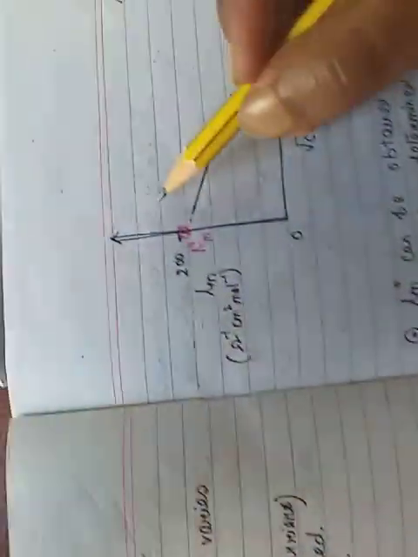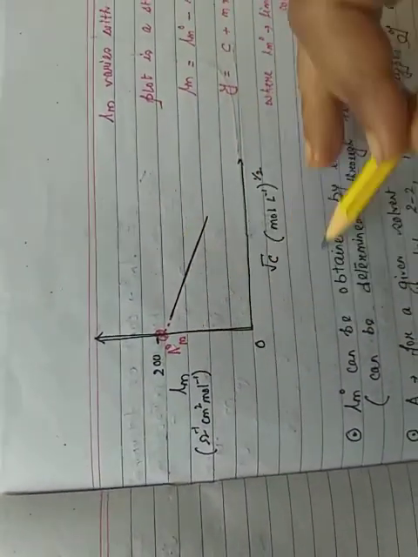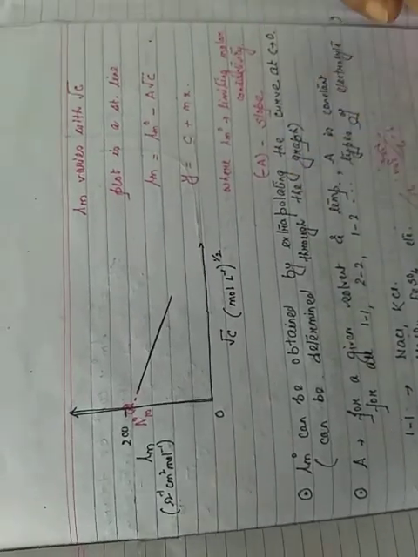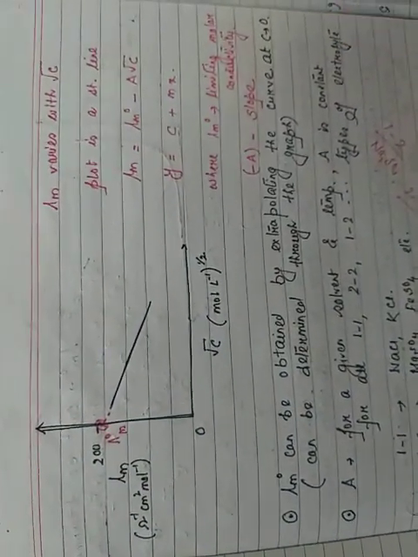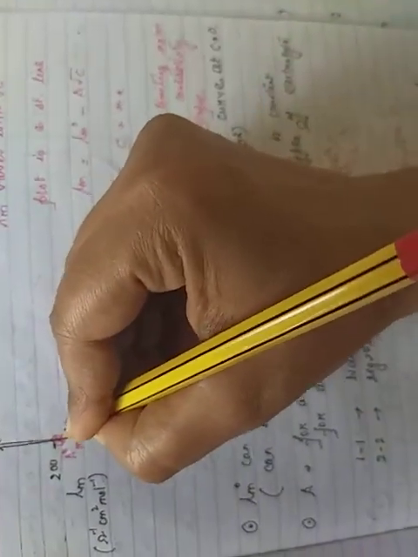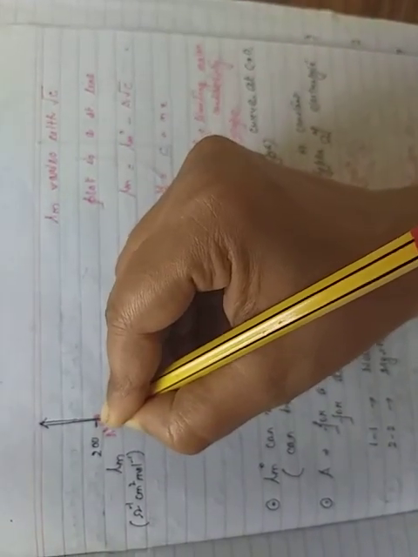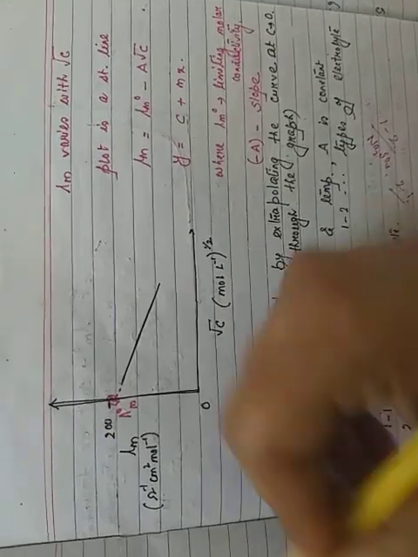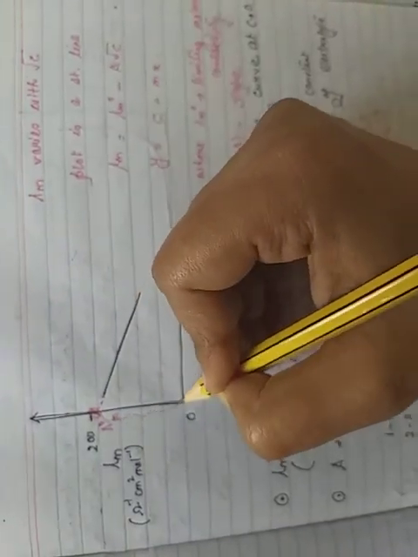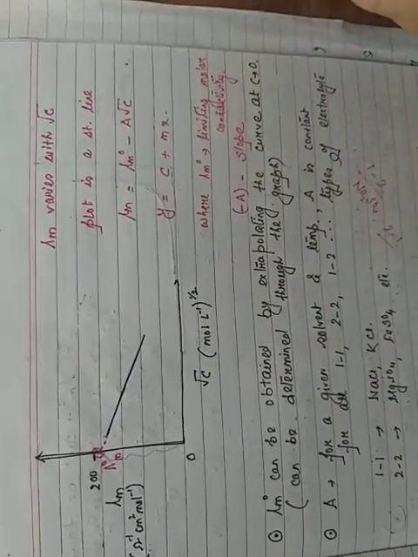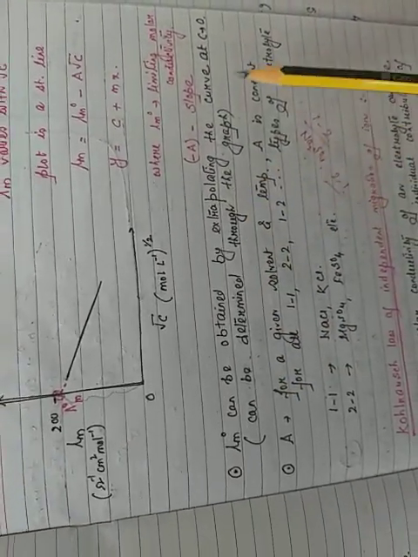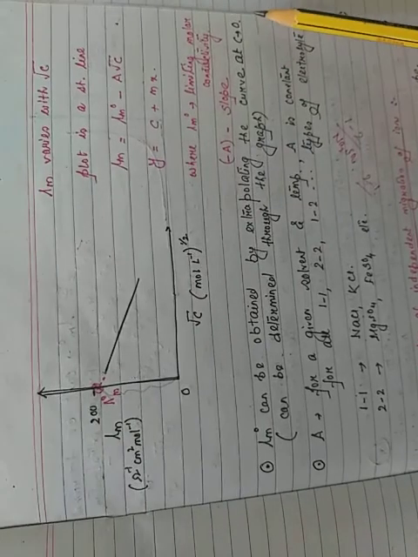And we have the plot like this. A is the slope, and the limiting value is obtained by extrapolating the curve. Wherever it meets the y-axis, this is the y-intercept, or limiting molar conductivity. That means this limiting molar conductivity can be obtained by extrapolating the curve at C tends to 0.